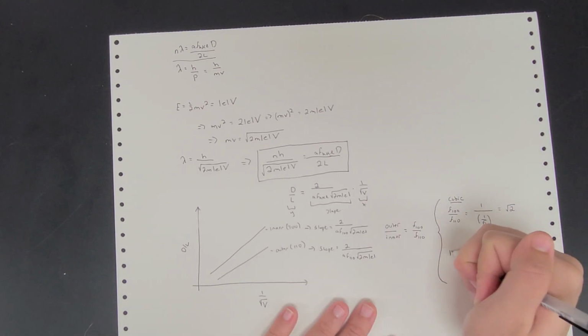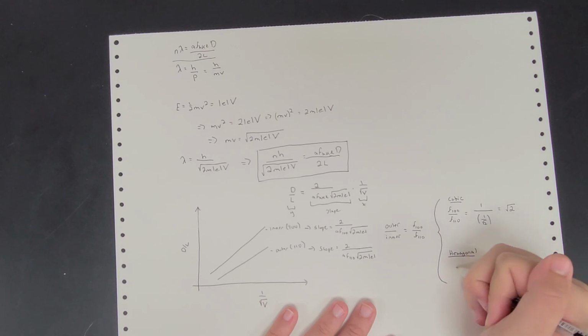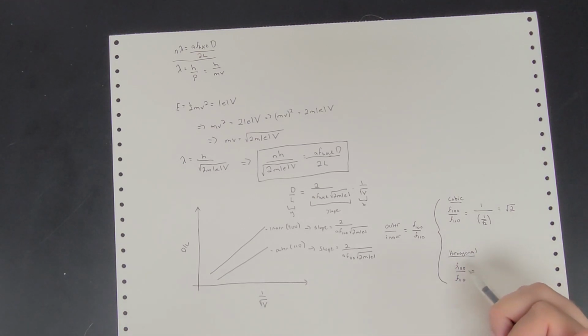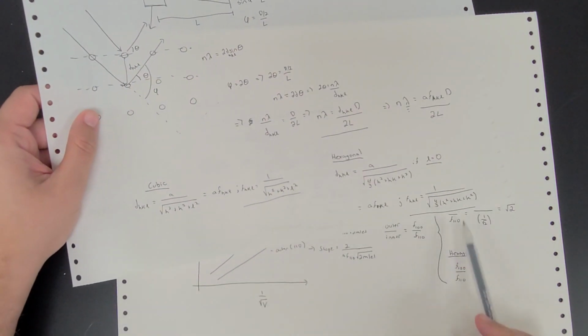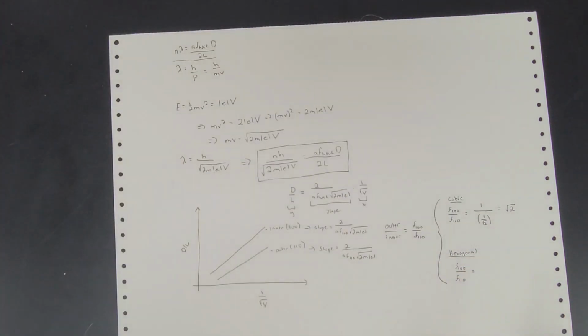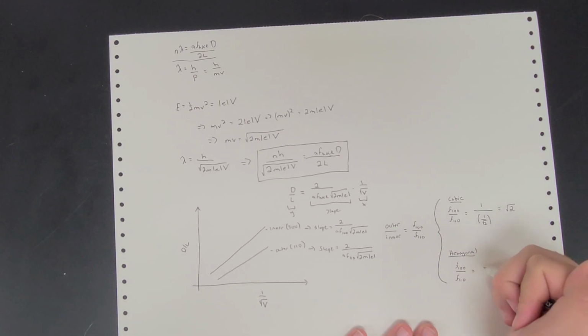Okay. Now if we have hexagonal, right, our F100 divided by F110. We're now using this equation, coming back here. We're now using this equation for the hexagonal HKL values. And if we do that, you'll find that the F100 is going to be equal to the square root of 3 over 2.